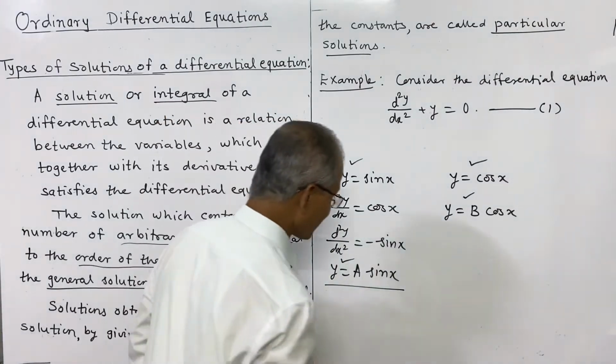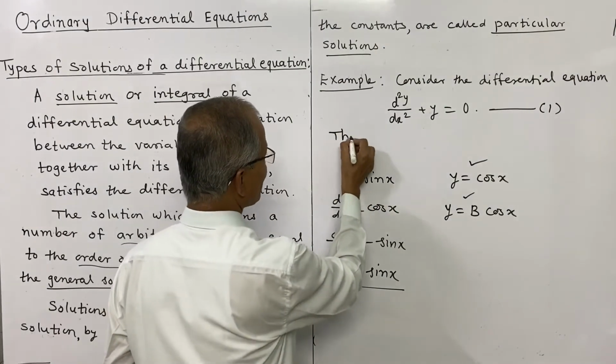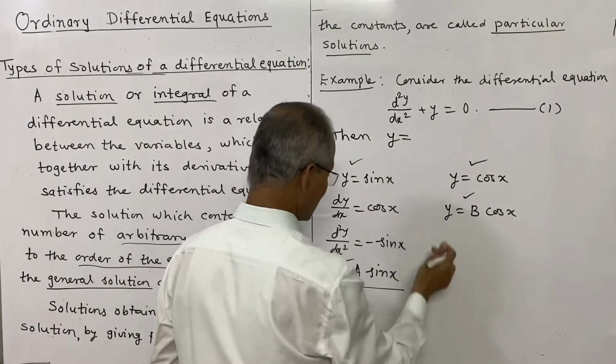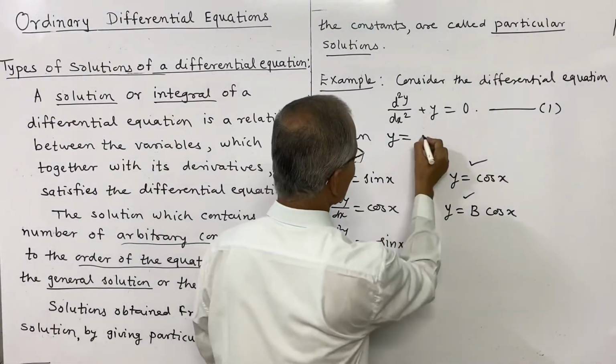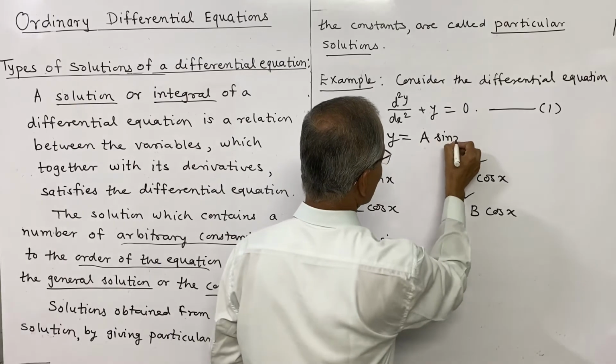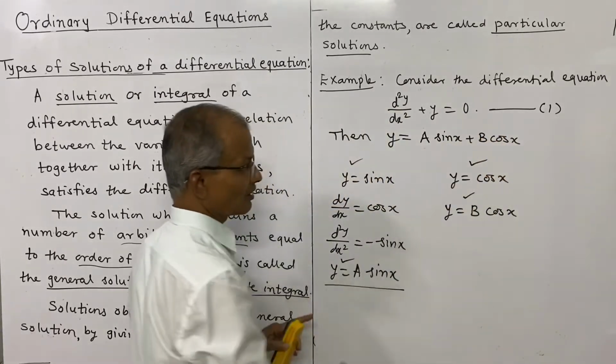But if you consider y is equal to the combination of these two, that is a sin x plus b cos x, then this is also a solution.